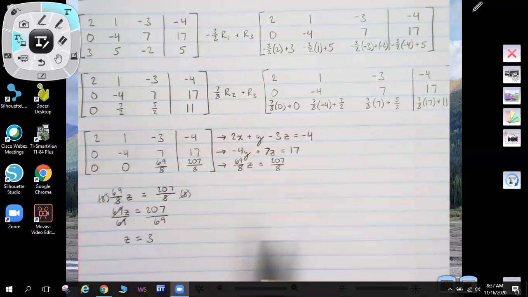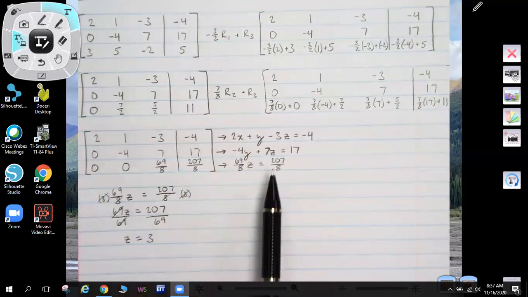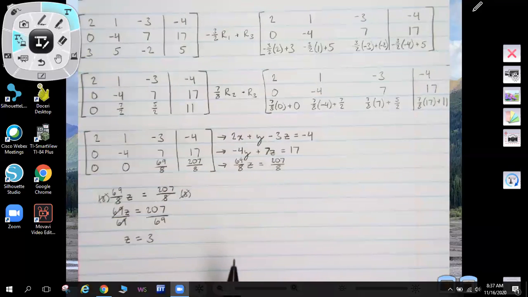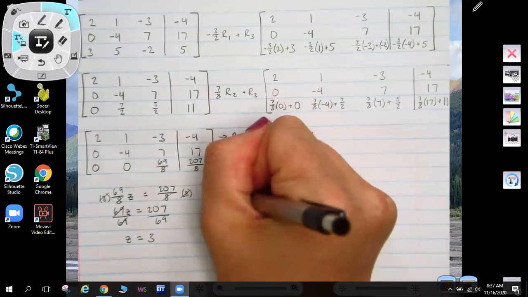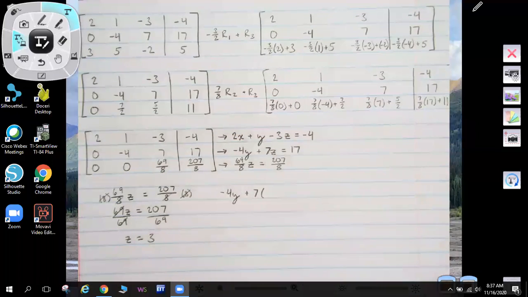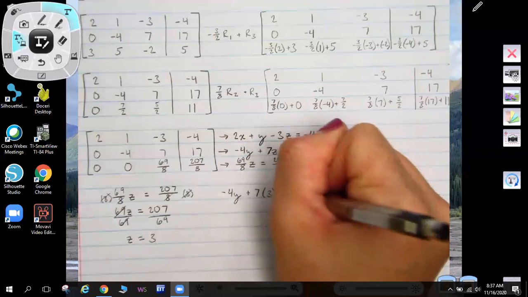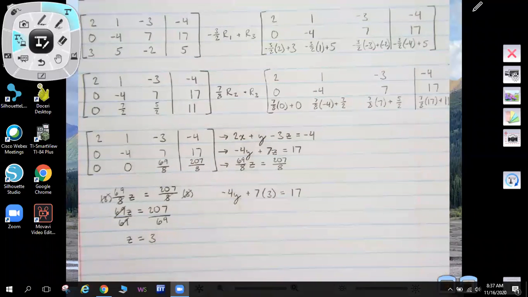Okay, now we can look at this second equation that just has a y and a z. If we plug in our value for z, we should be able to solve for y. So we've got negative 4y plus 7z, but instead of z, we're plugging in what z is equal to, which is 3, equals 17.